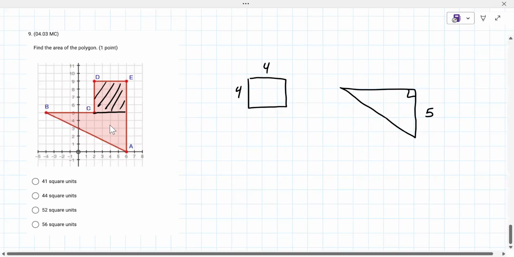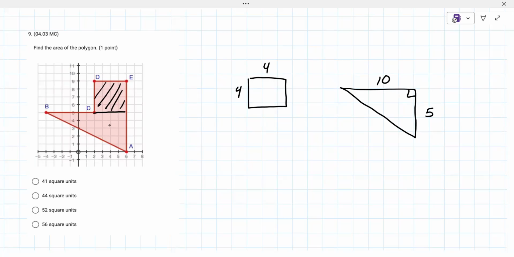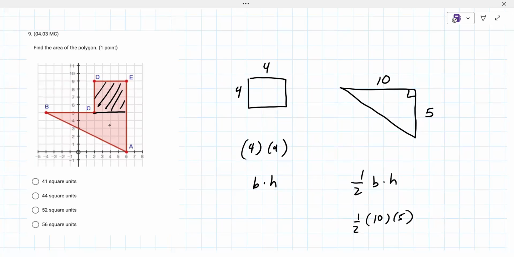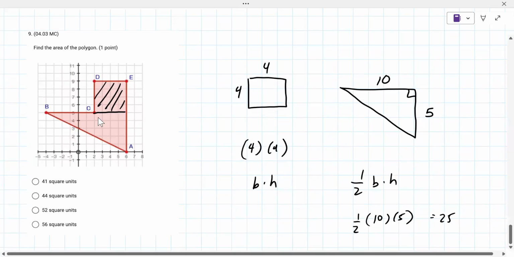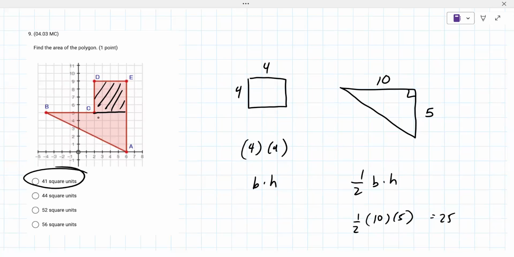The base appears to be 10. So the area of the first one is 4 times 4, base times height. Second one is 1/2 base times height, which is 1/2 times 10 times 5, which is 25. So we got 16 plus 25, 41 square units. Right. Yeah, that makes sense.